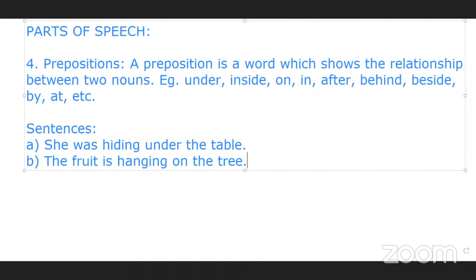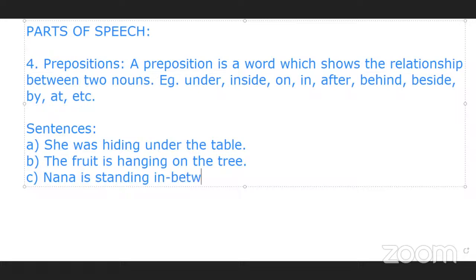The two cars. Great. So now, which two nouns are we looking at in this sentence? Nana is standing. Nana and the car. Are you sure?